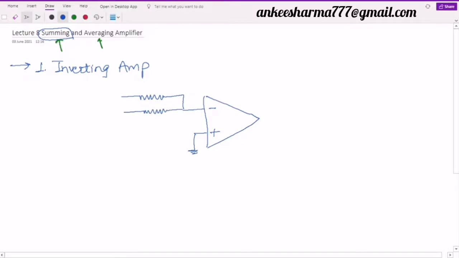Let us assume I am connecting n inputs, with values V1, V2, and so on up to Vn. And I will take the resistances R1, R2, and so on up to R.